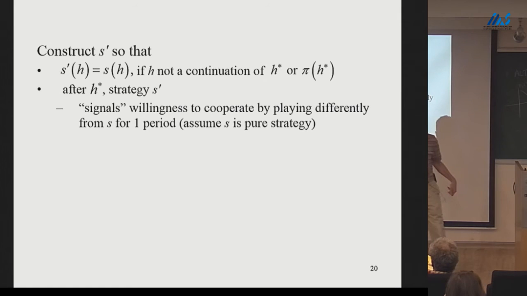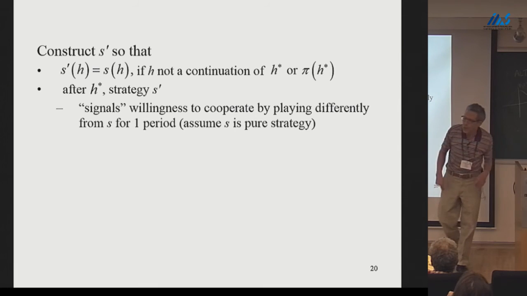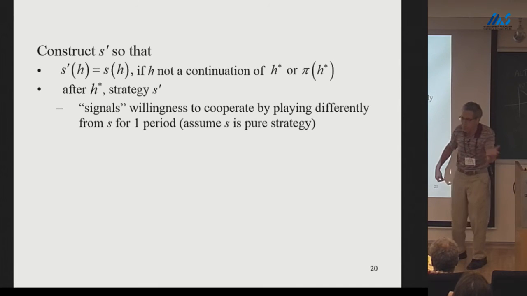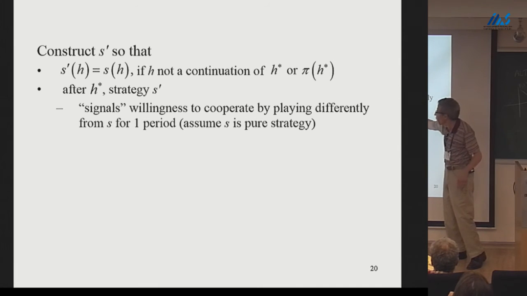If S were randomizing, it might take more than one period for S prime to distinguish itself from S. It might have to use different probabilities for a number of periods so that statistically it could be distinguished from S. And that's the main complication in working with mixed strategies. But today, no mixed strategies. It just does something different for one period.